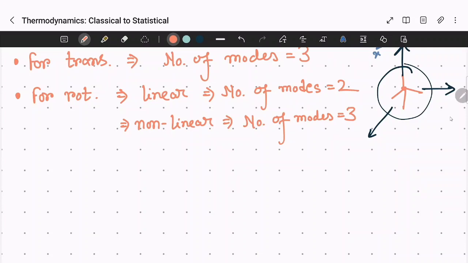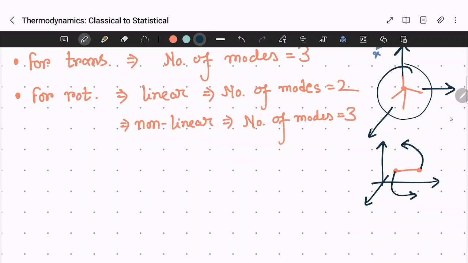It can be understood like this. Let's say this is a linear molecule. So how can it rotate? This can rotate in that direction. One option.